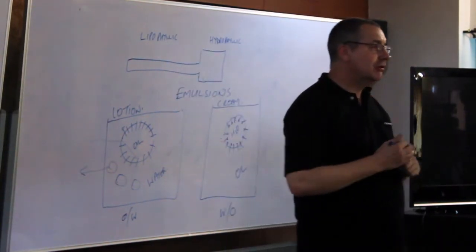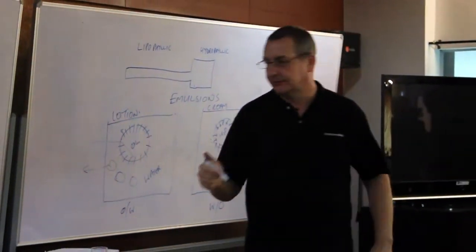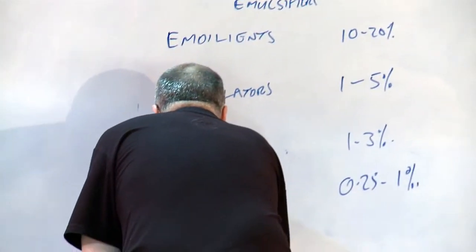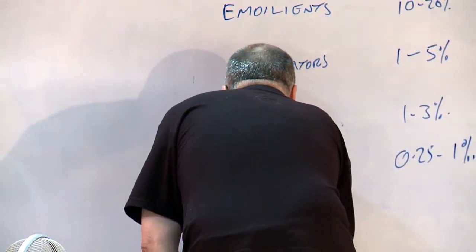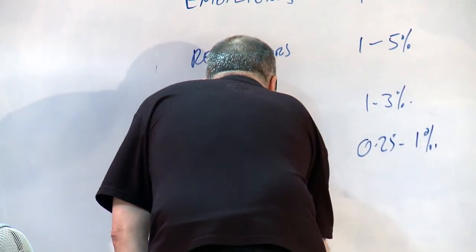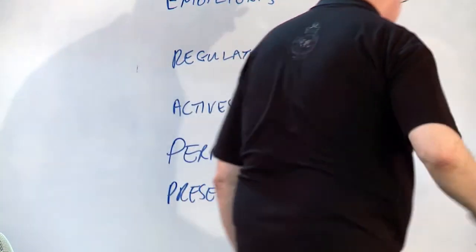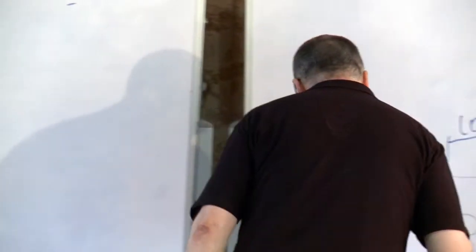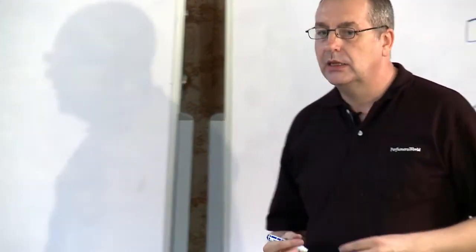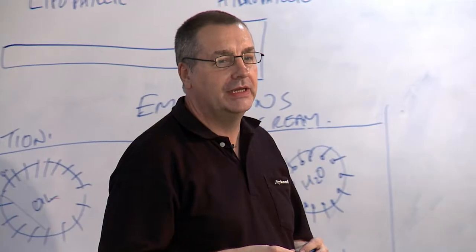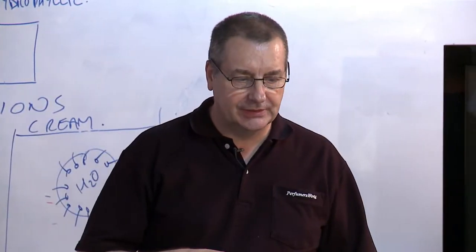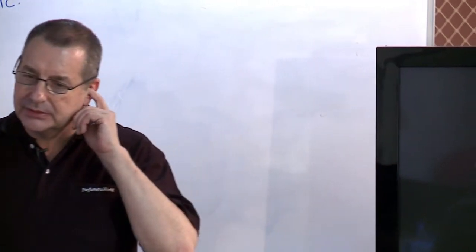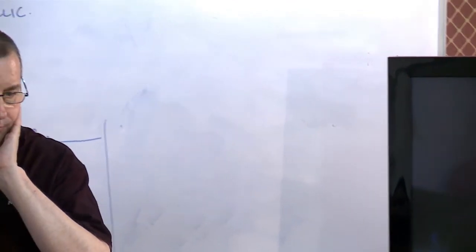Next range of materials we get are preservatives: antimicrobials, UV absorbers, antioxidants, things like that.